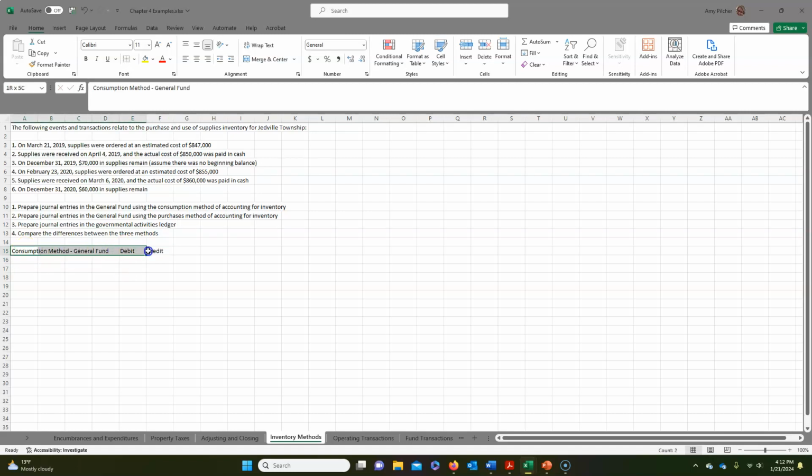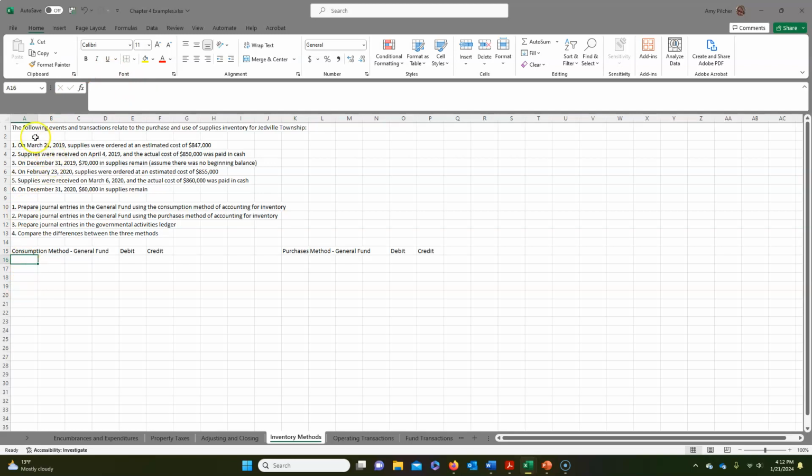I'm actually going to copy that over here. And we're going to change that to purchases method. We're going to go through the whole consumption method first.